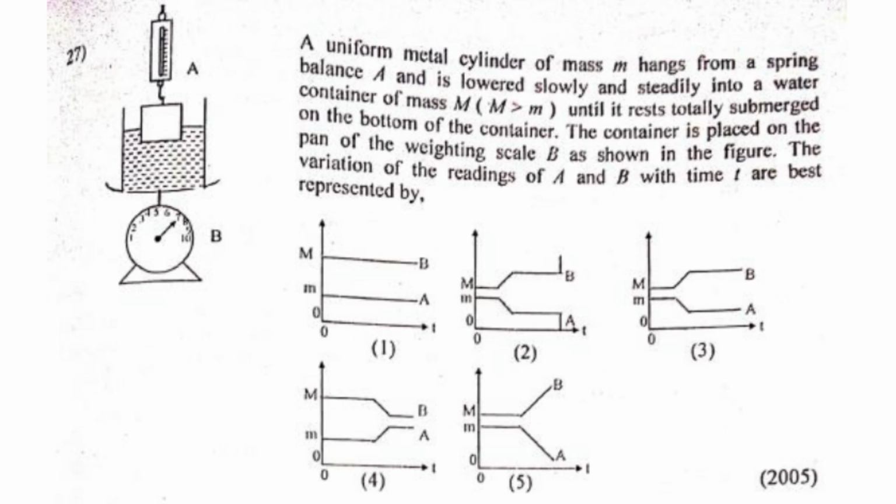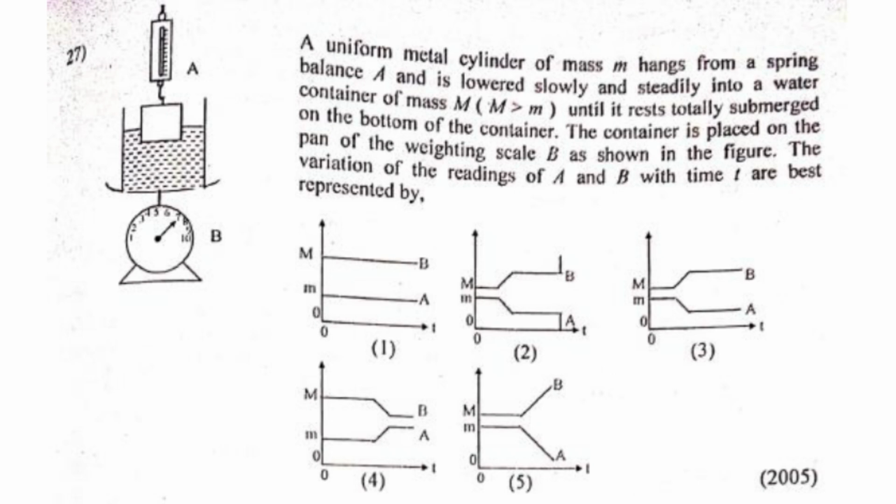Then question number 27. A uniform metal cylinder of mass capital M hangs from a spring balance A and is lowered slowly and steadily into a water container of mass small m, where capital M is greater than small m, until it rests totally submerged on the bottom of the container.